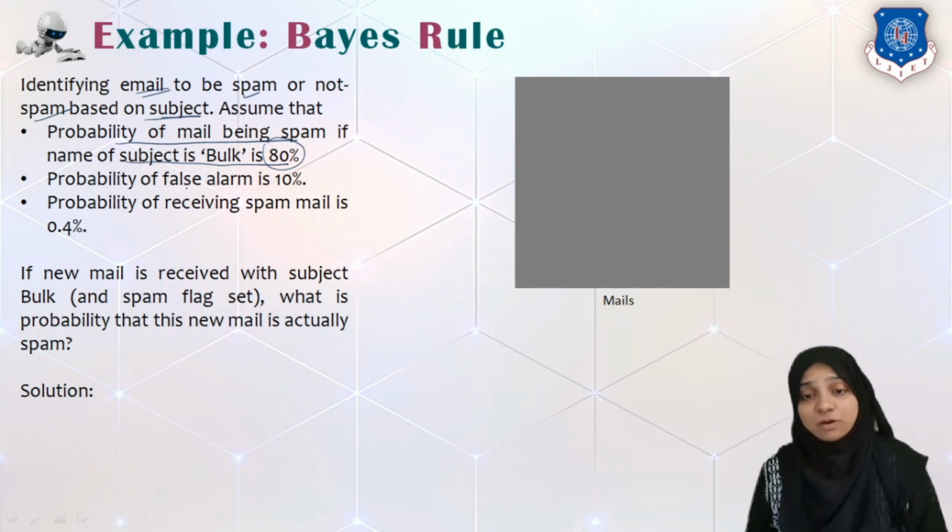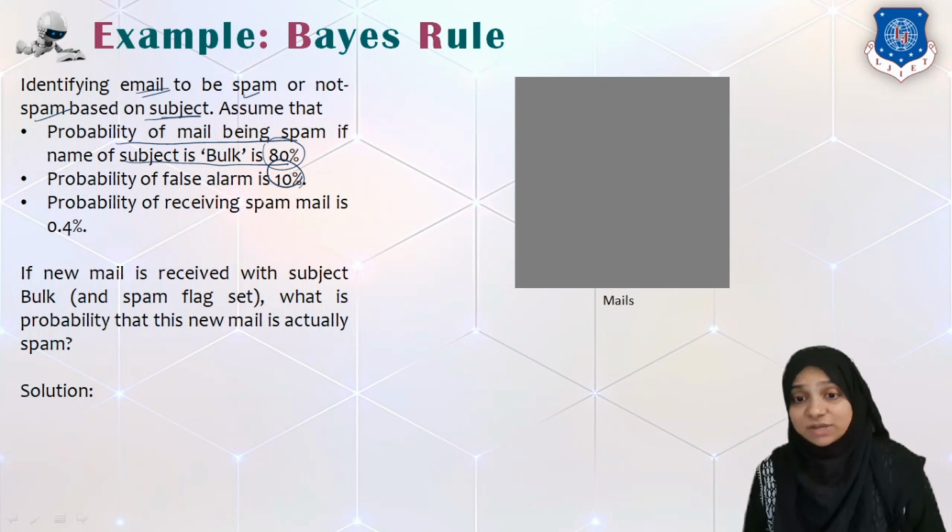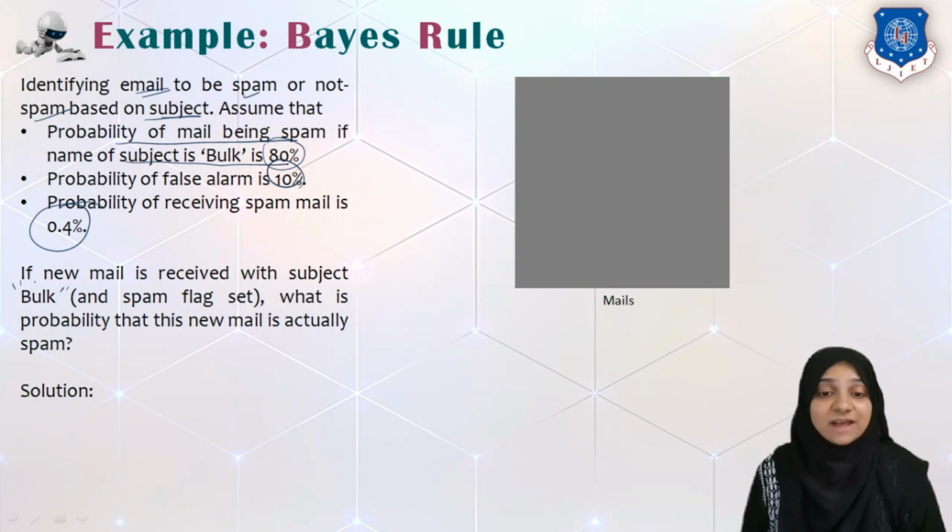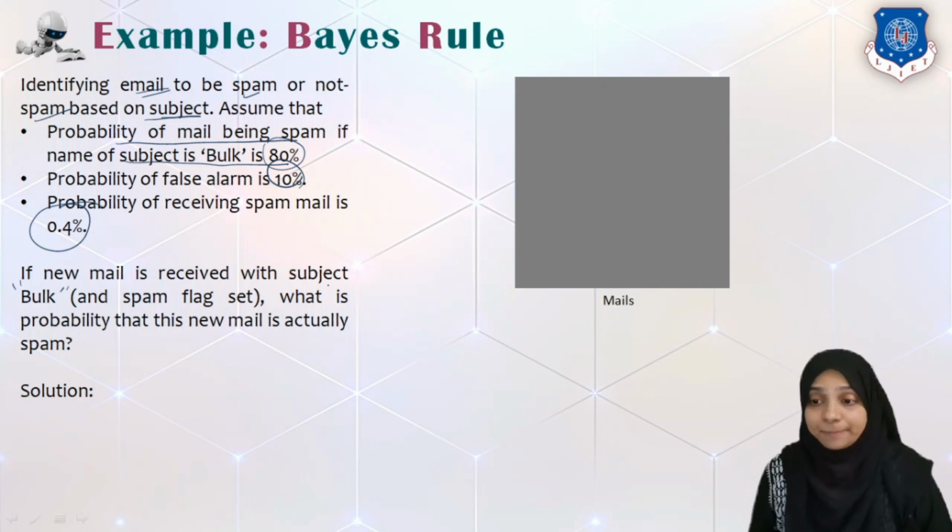The probability of a false alarm is 10%, and the probability of receiving a spam mail is 0.4. Now we have to find out: if a new mail is received with a subject specifying it as bulk, what is the probability that this mail is spam?